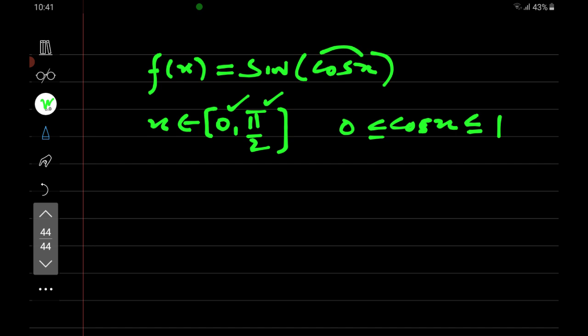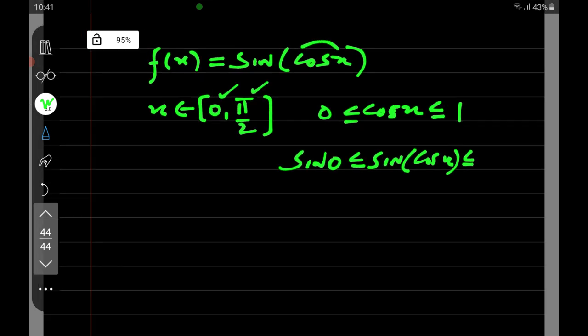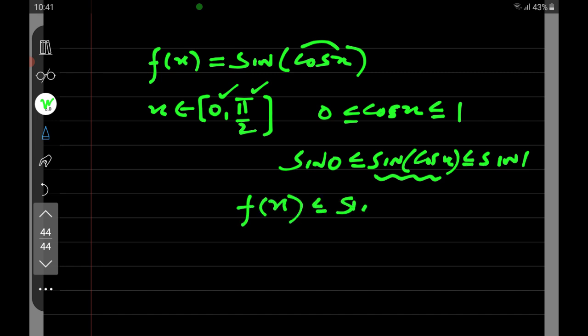So we get the angle here. Now taking sine on both sides, we have sine 0 to sine 1 for sine cos x. So we are getting the minimum and maximum values of this function.